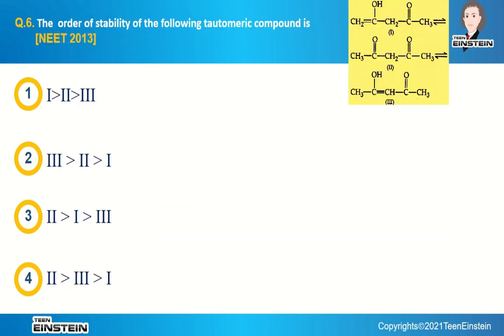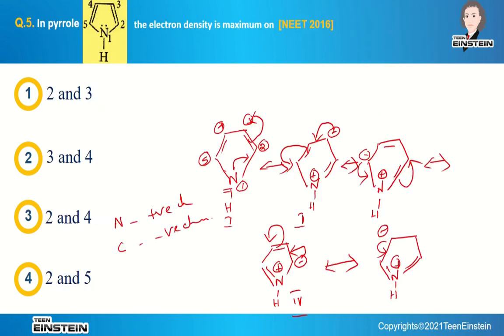Of the 5 resonating structures, the charge separation is less in third and fourth. So here we see that in structures third and fourth, the charge separation is less. However, the charge separation is more in second and fifth.